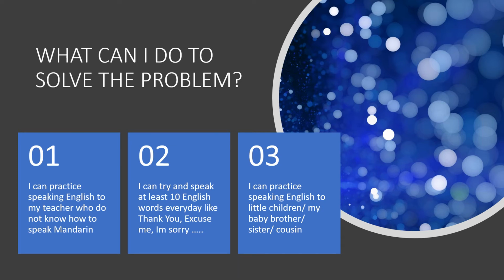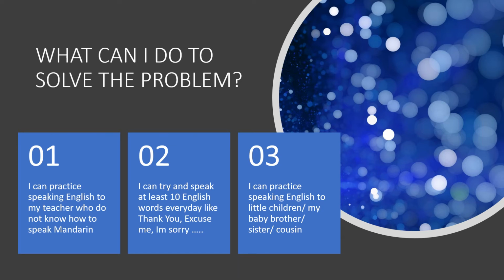And then number 2, I can try speak 10 English words every day, like thank you, excuse me, and I'm sorry. And then you explain why. If every day I speak a little bit of English, then in a long time I will be able to speak more English words. I can increase from 10 to 20.